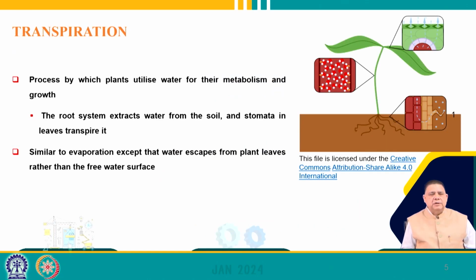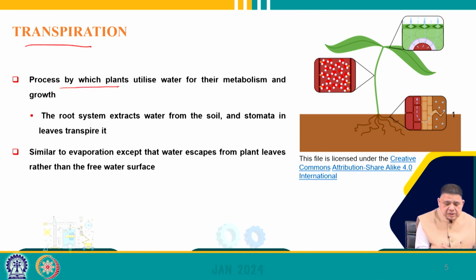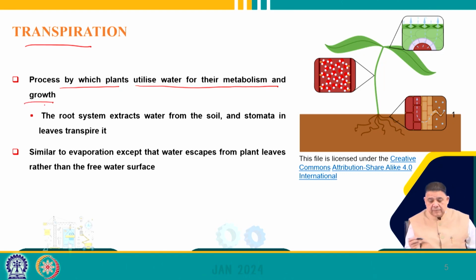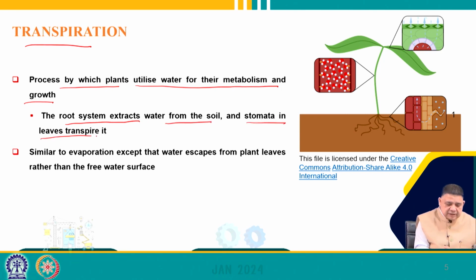Now, let us talk about transpiration first. Evaporation we have already discussed. Transpiration is a process by which plants utilize water for their metabolism and growth. We have already read in our junior science classes that the root system extracts water from the soil and stomata in leaves transpire it.